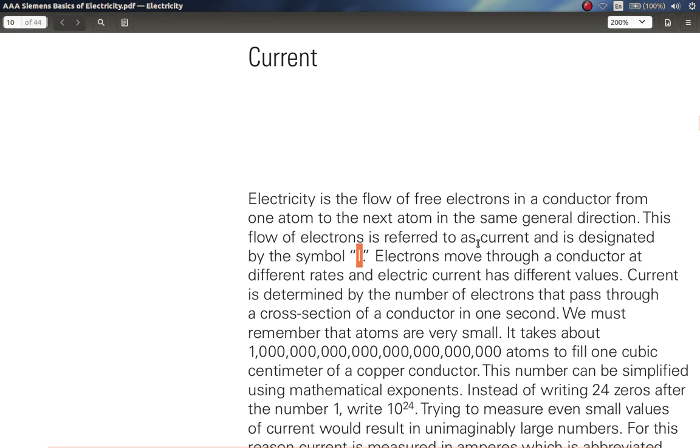Now when a river is flowing, you talk about the water current. So when electrons are flowing, you talk about the electron current.